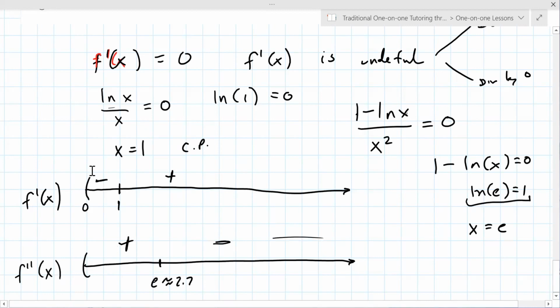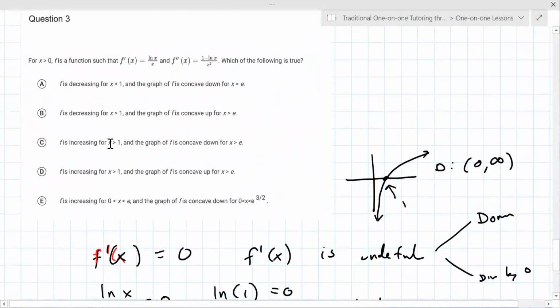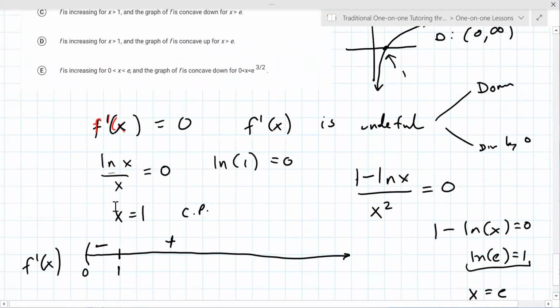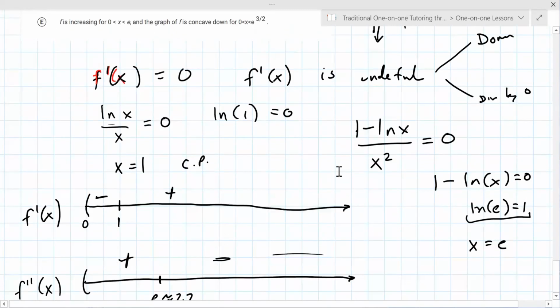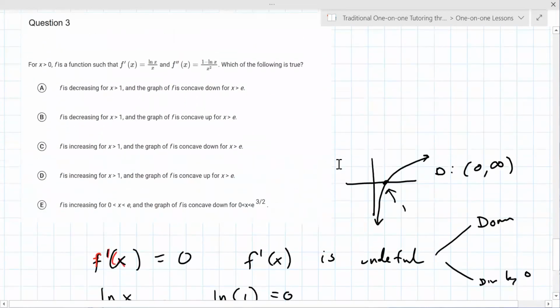The first derivative is when you use increasing, decreasing. Second is concave up. But if you look at the multiple choice, they all are for greater than 1. Greater than 1, it's increasing. So that's not true and that's not true. We're down to C and D.